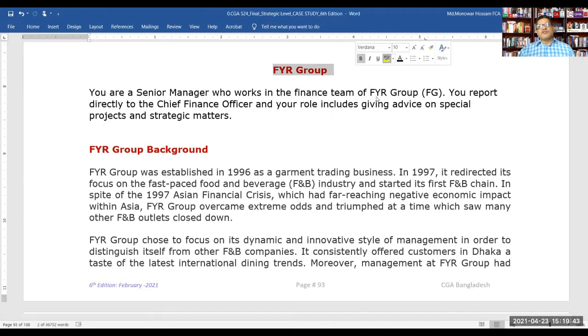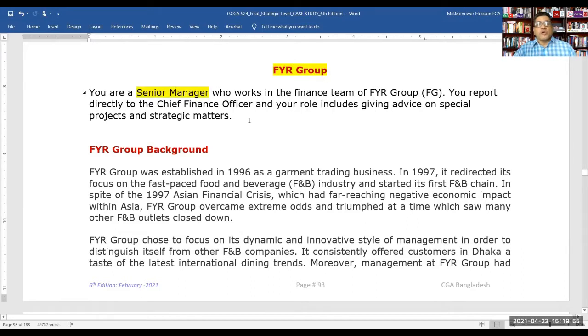So here is a case study, if we study it. One of the groups, the FY group. First we have to understand who am I. Here it says senior manager, your role within this case study. Every case study gives the role in the first paragraph.